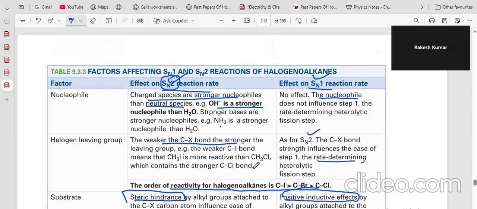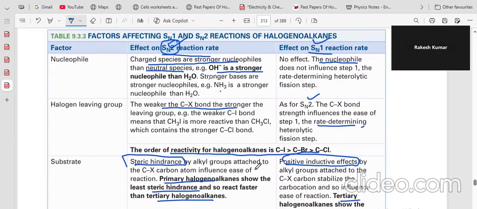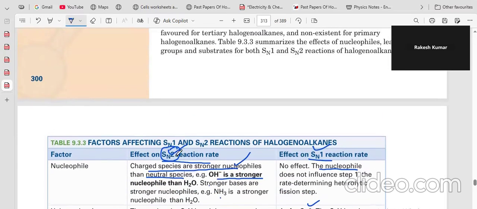So these are the factors for comparing whether something will undergo SN2 or SN1. You see the leaving group in both. In case of SN2, you see the steric hindrance. In case of SN1, you see the positive inductive effect. That's why tertiary is favored. And in SN2 the nucleophile strength is also important.